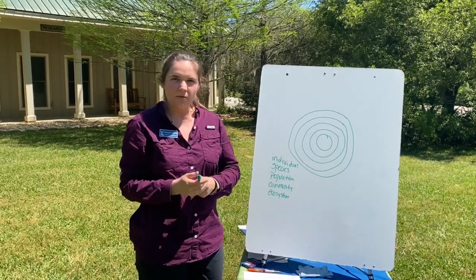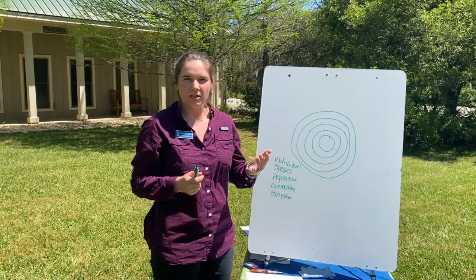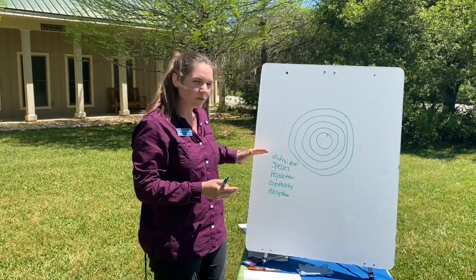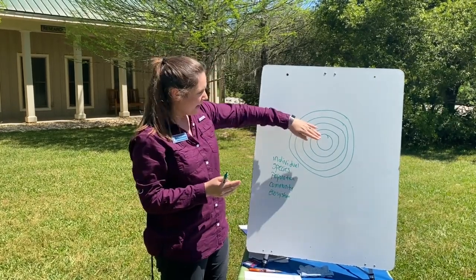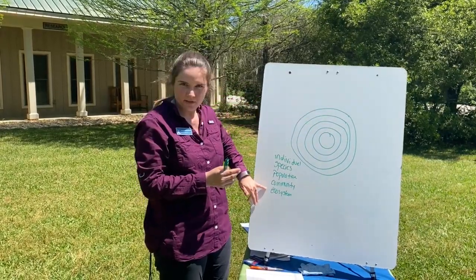And the ecosystem is going to include all living and non-living populations within a certain area. So we start off very small at the individual level, and then all of these different things are what's going to encompass an ecosystem.